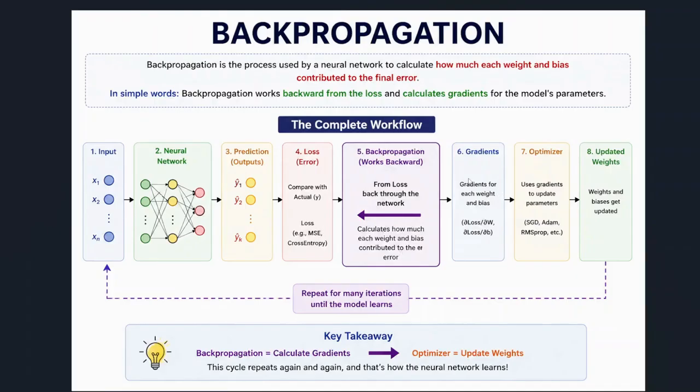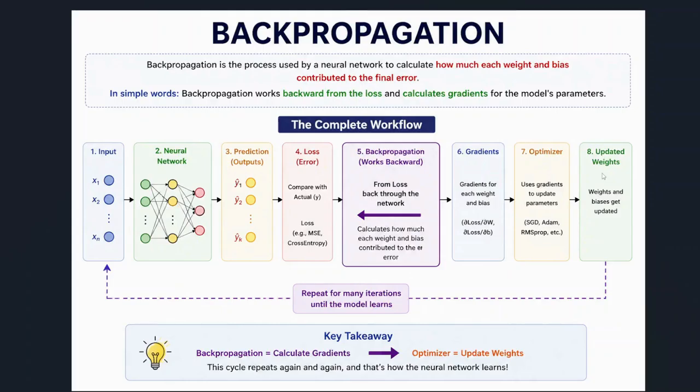Next are the gradients for each weight and bias, so what should be the weight and what should be the bias for each input. Next is the optimizer, which uses gradients to update the parameters, like SGD, Adam, and RMSprop, which I have already explained in our previous video.